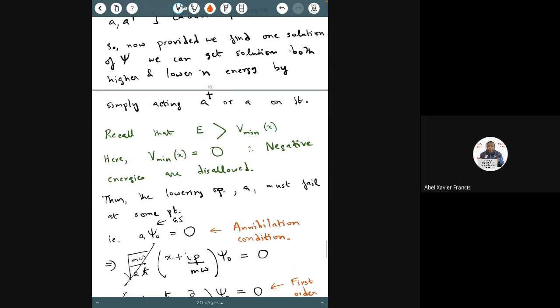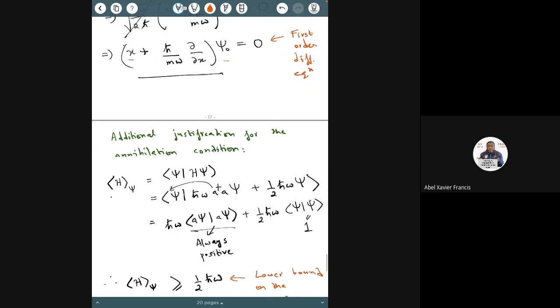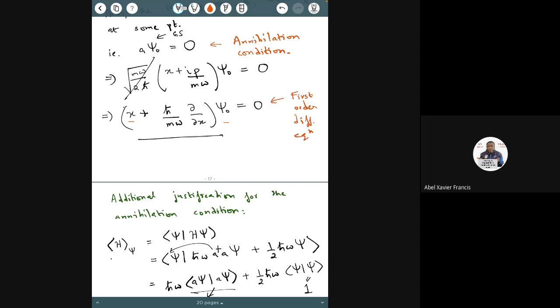And we said that since the A operators should not be able to go below the energy of the ground state, we can use an annihilation condition to find out the ground state, which is A psi 0 equal to 0. Okay. And by using this, we found out a differential equation, which is a first order differential equation.